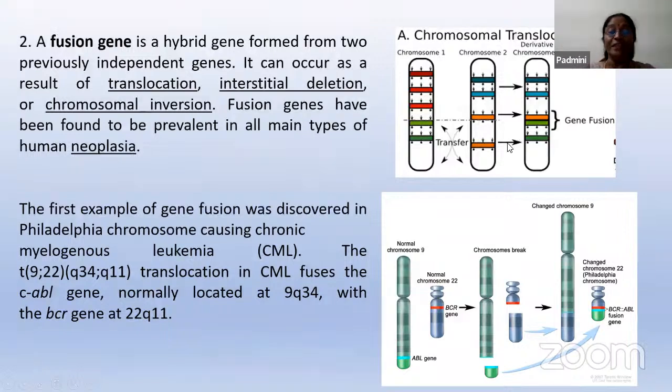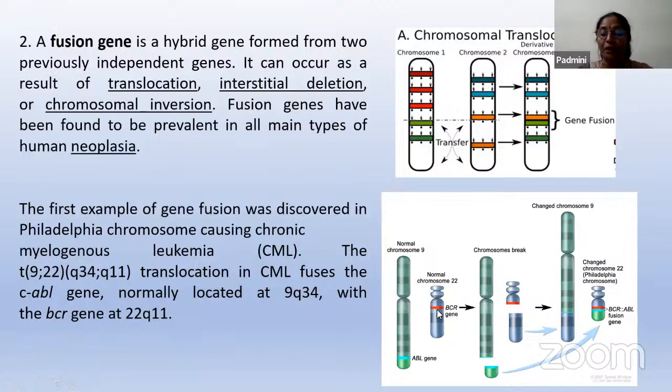The example over here is the Philadelphia chromosome, which causes chronic myelogenous leukemia, that is CML. The translocation between chromosome number 9 and 22 at Q31 and Q11 fuses the C-ABL, normally located at 9Q34, with the BCR gene at chromosome number 22, Q11.